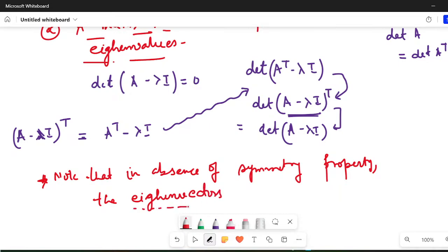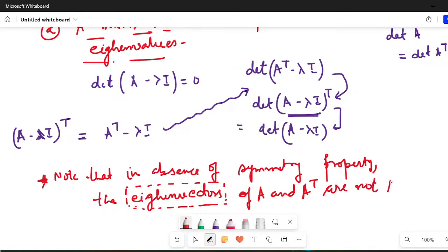I'm writing eigenvectors, please remember: eigenvectors of A and A transpose are not related. Eigenvalues indeed are related, they are the same, but eigenvectors are not related.